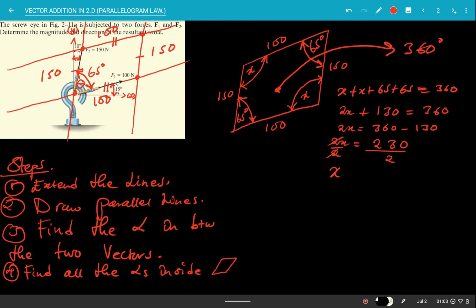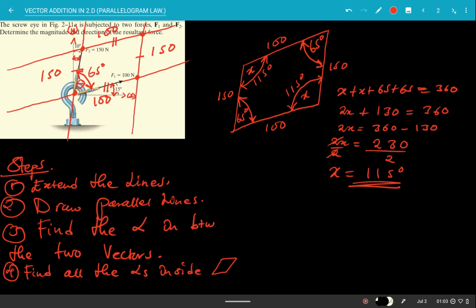That cancels with that. x is equal to 115 degrees. So now the value of x is 115. So we have 115 degrees there and 115 degrees there. So we have found all the angles inside the quadrilateral.